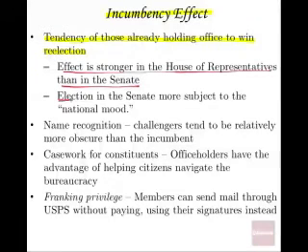Whereas the election in the Senate is more subject to national mood. So if you're a Republican and the national mood is swinging more Democrat, then you could run the best campaign. You can be an incumbent of the state, but you might be voted out simply because you're out of luck, because maybe voters are fed up with Republicans. Same thing with Democrats.